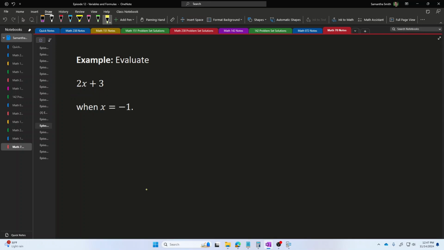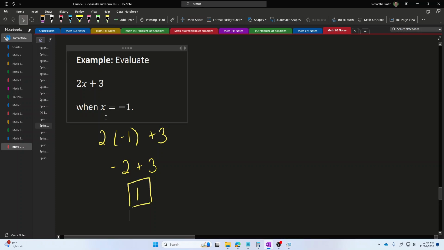Now it's 2 times minus 1 plus 3. 2 times minus 1 would be negative 2, following PEMDAS, doing the multiplication first. And negative 2 plus 3 would give me 1 as the result. So 1 would be the result of plugging in x equals minus 1 to this expression.